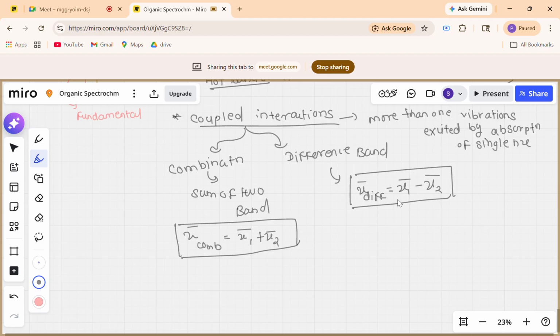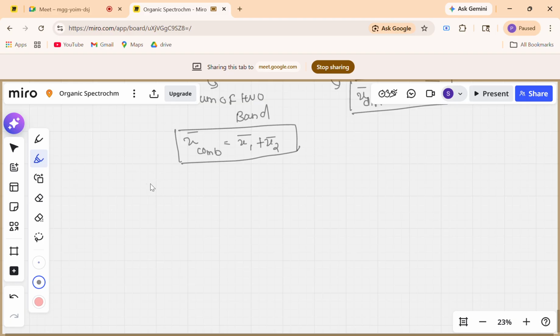In the case of the difference band, the vibration happening corresponds to the difference of the frequencies of these two bands.